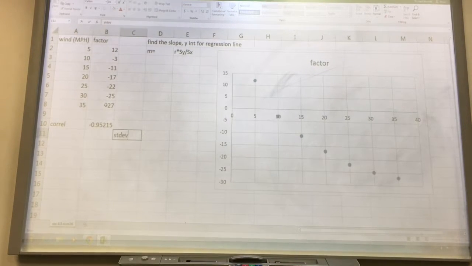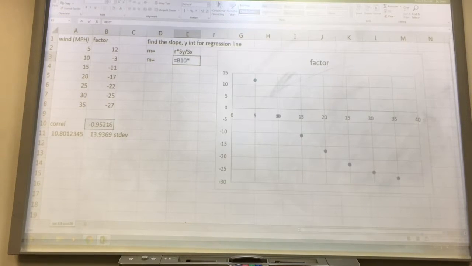I won't make you do that one by hand. Correlation will be good enough. So my slope m equals my correlation coefficient times the standard deviation of y, which is my wind chill factor, divided by the standard deviation of x. So I got a slope of negative 1.22.